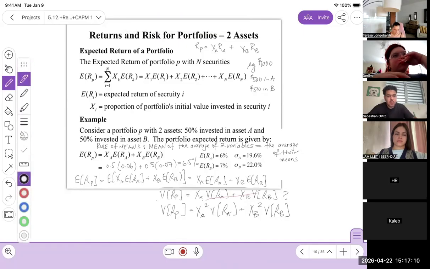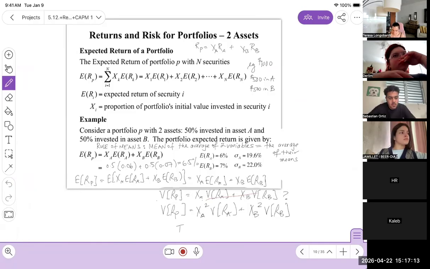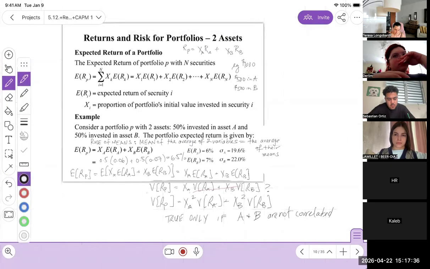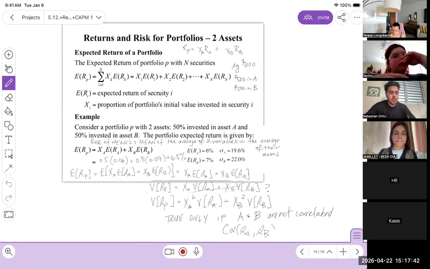So this is true only if A and B are not correlated. In other words, the covariance of RA and RB, which we write as sigma AB, is equal to 0.